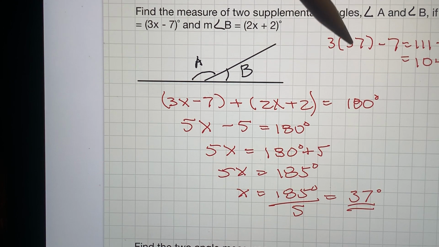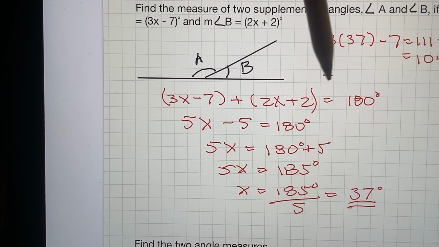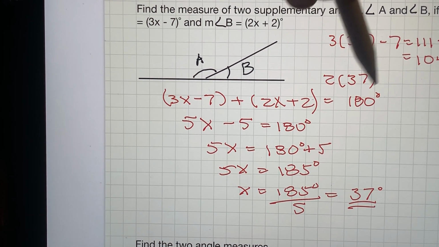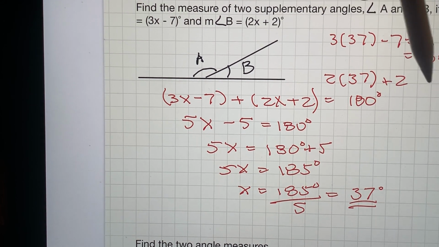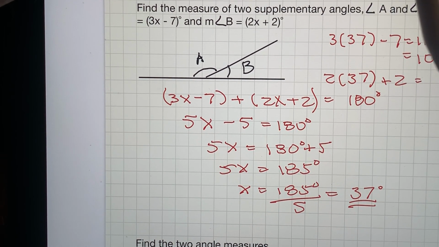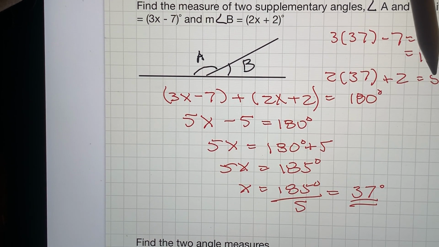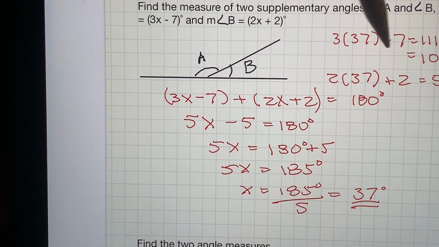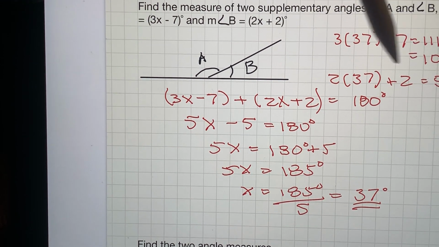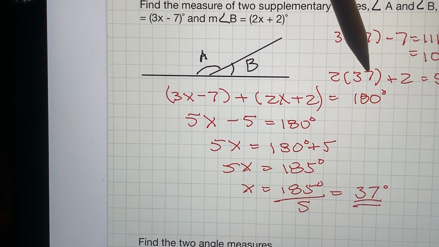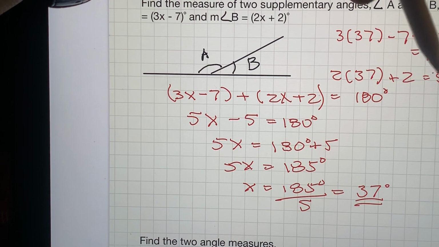And then this one, 37, 2 times 37, that would be 54, plus 2, it would be 56. So there, now let's see if that is correct. This is wrong because this should be 74. 74 plus 2 is 76.